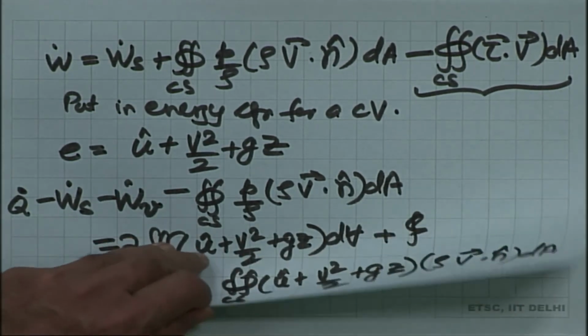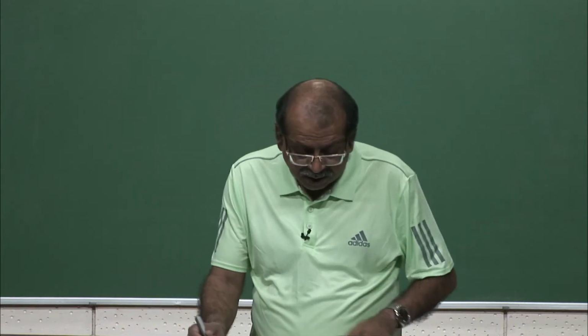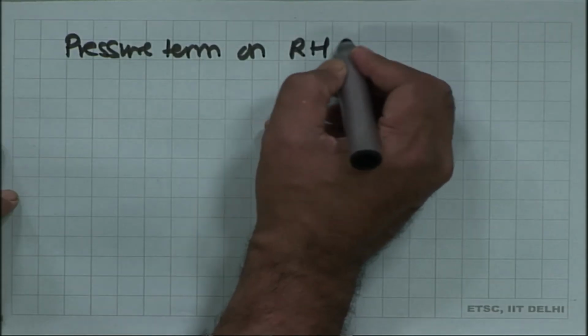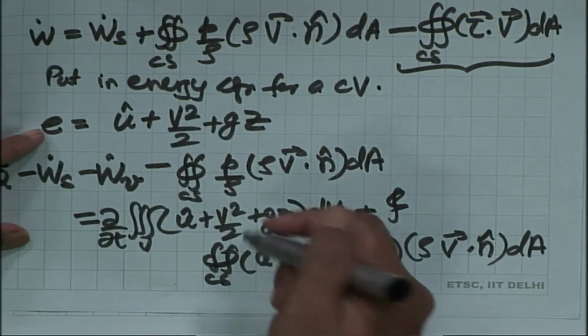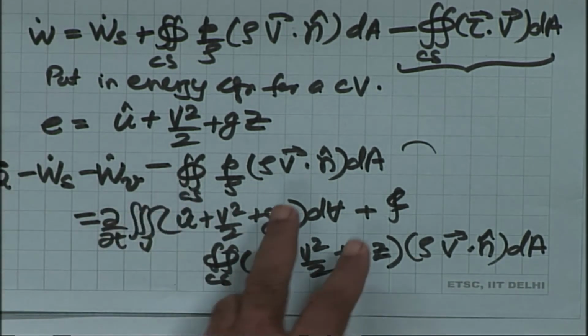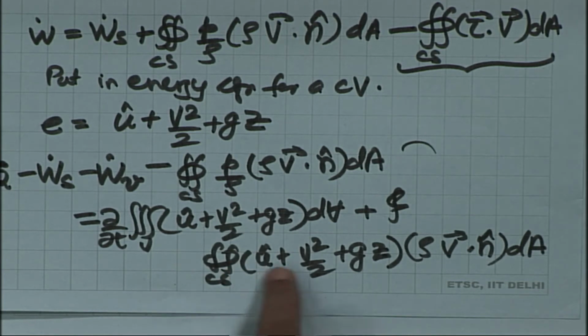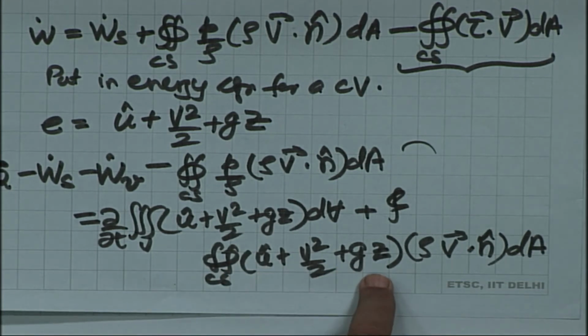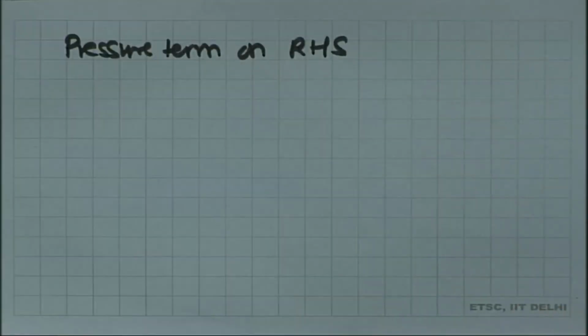Now, what we can do is take the pressure term to the right hand side. This pressure term can be taken to the control surface term here, and that is why I had multiplied and divided by rho, because then I will add u plus v square by 2 plus gz plus p by rho multiplied by rho v dot n dA.